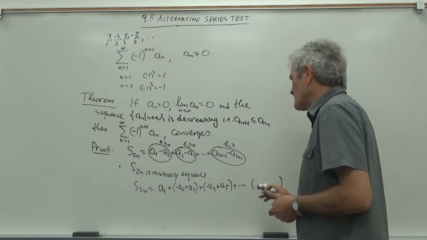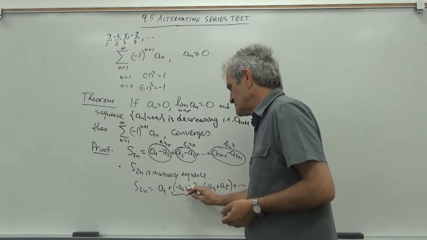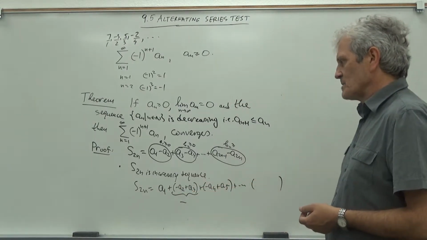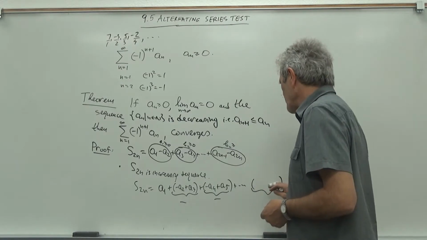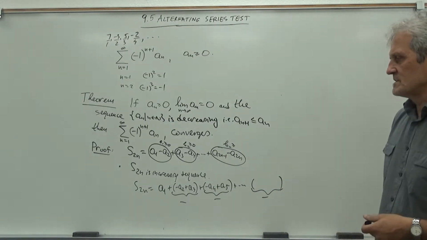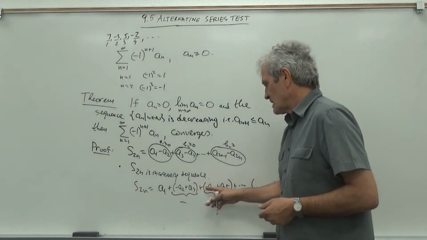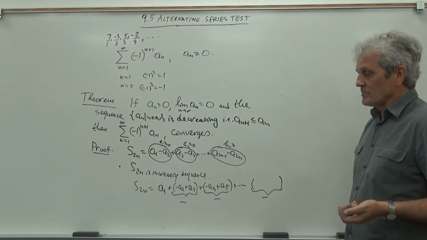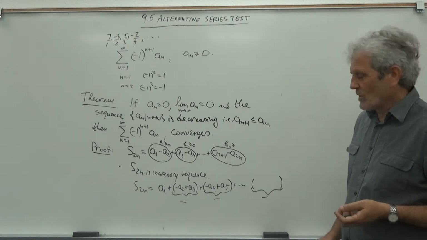So I'll group even first and then odd. But what happens here? This is now negative, or at least not positive, because a_2 minus a_3 is negative, since the negative one dominates. So to a_1 we are adding some numbers that are not positive. It cannot make a_1 bigger.